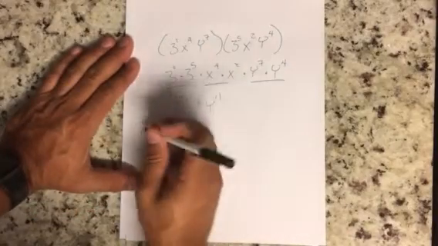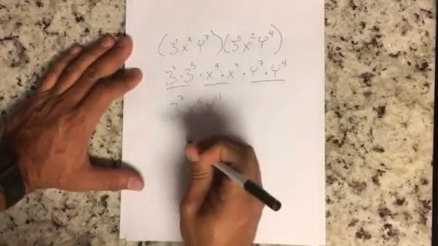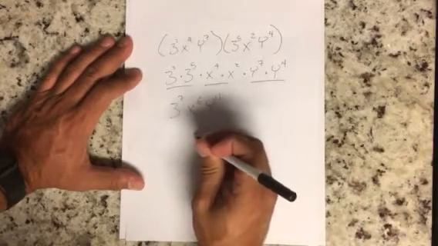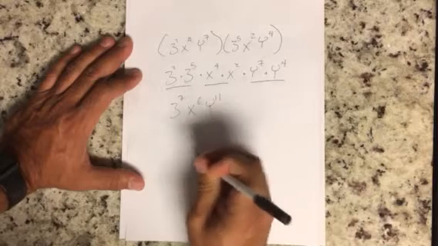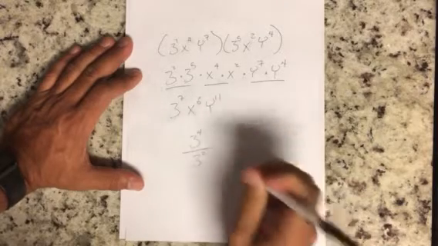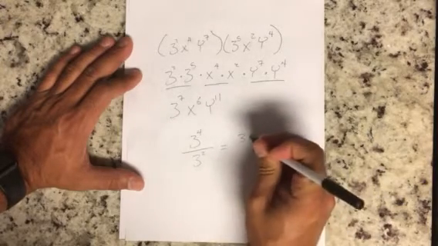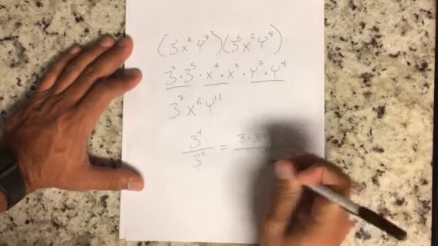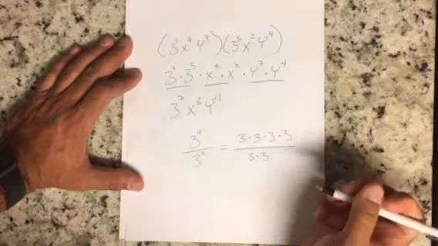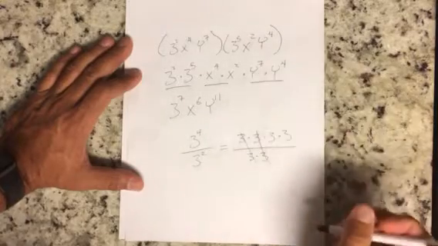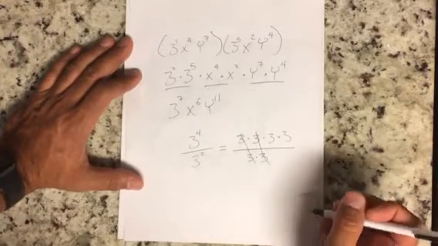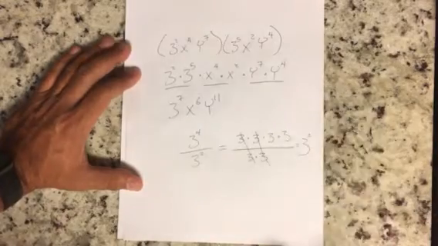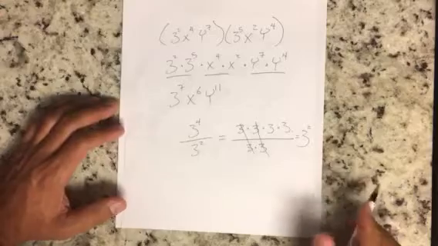So that's multiplying. Division is kind of the opposite of multiplication. If I have 3 to the 4 over 3 to the 2, this means 3 times 3 times 3 times 3 over 3 times 3. We know that these are going to cancel out because they equal 1. So it's going to become 3 to the, I only have 2 left. There had to be an easier way to do that.